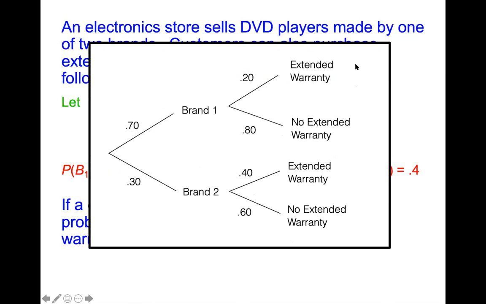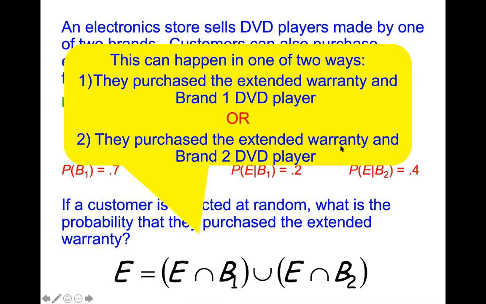So that's this branch right here, and then this branch right here. Focusing on those two branches, I would do 0.7 times 0.2 plus 0.3 times 0.4. And that would be my final answer.